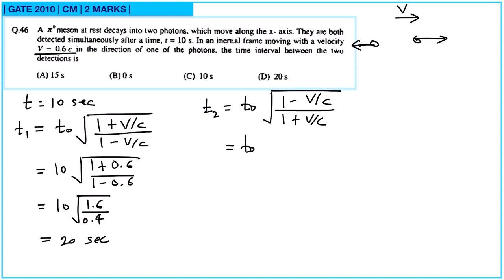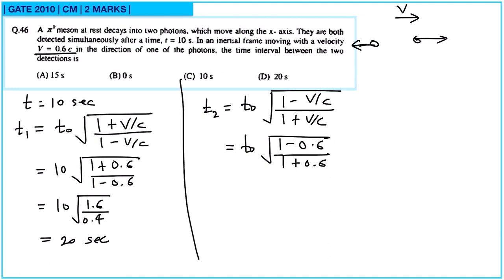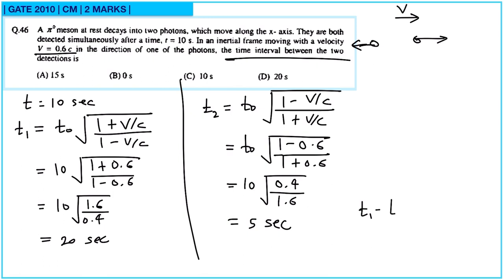So this is equal to 10 times the square root of 0.4 upon 1.6, which is 1 by 4. So this is 10 by 2, which is 5 seconds. Now we want to find the time interval between these two detections. So t1 minus t2, which is 20 minus 5, is 15 seconds. So option A is correct.